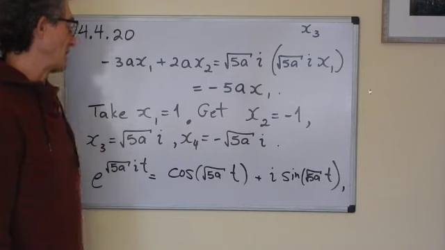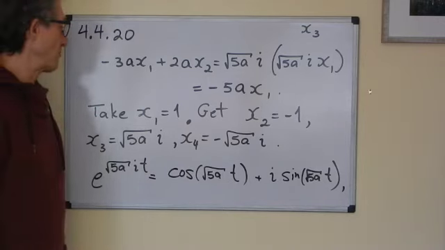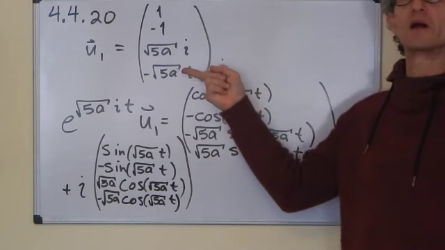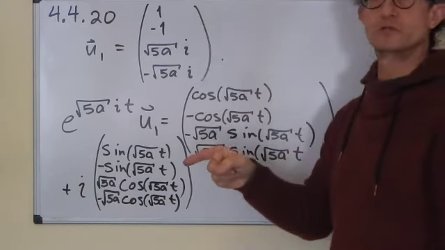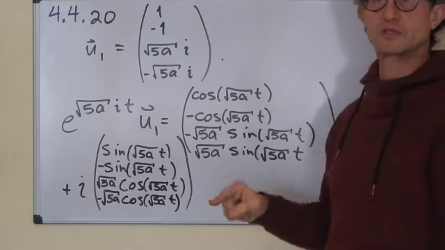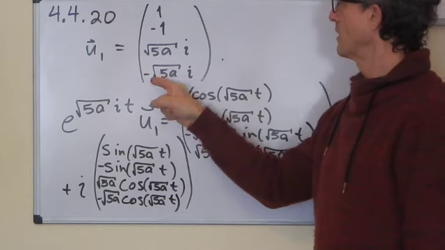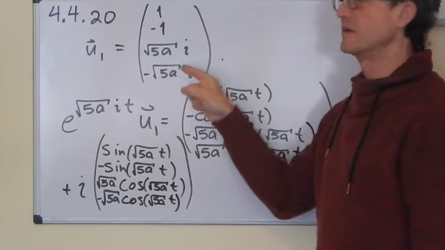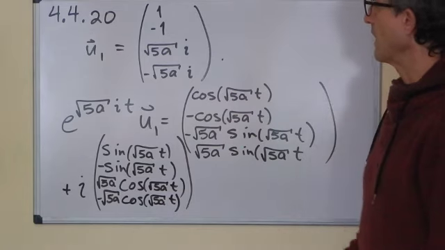Again, we're expecting oscillatory solutions, and so this is not a surprise. Here's the eigenvector written as a vector. x1 is 1, x2 is minus 1, x3 is the square root of 5a times the square root of minus 1, x4 is minus the square root of 5a times the square root of minus 1.